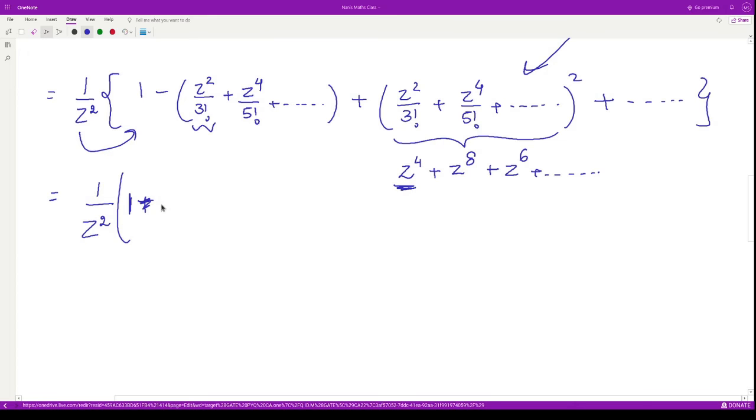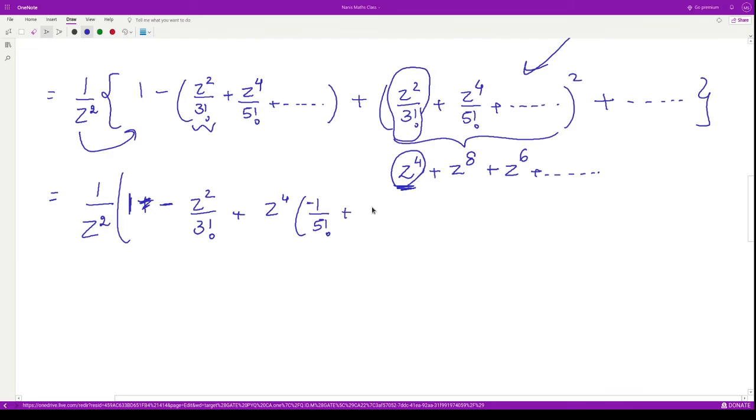So this thing would be 1 minus of, from here this term would be as such, right? And then the minimum term in the second expression would be that of this one. So we can collect z raised to power 4 terms. The first one is appearing over here, 1 by 5 factorial, and the second one with a negative sign obviously, and the second term here would be the square of this quantity.